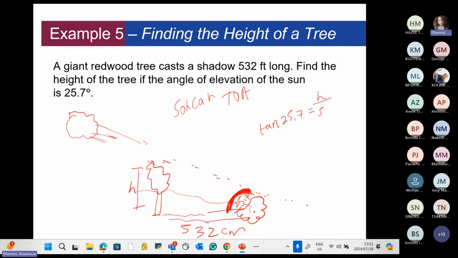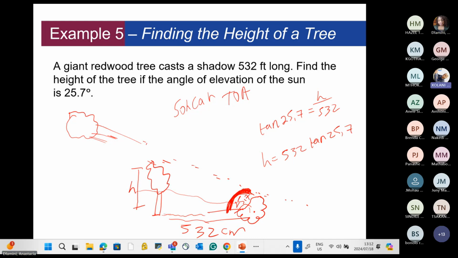Meaning that centimeter, meaning that H is equal to 532 tan 25.7. That's what we got, isn't it? Yes, ma'am. So let's check if it's correct.